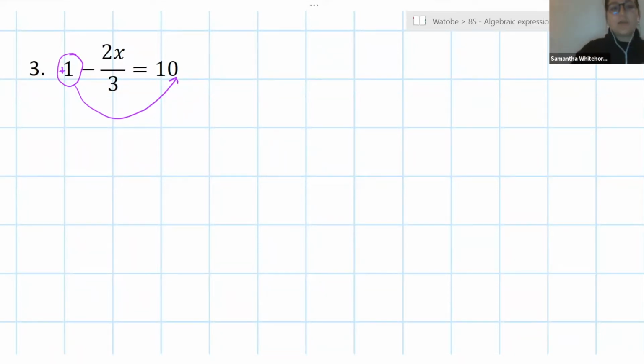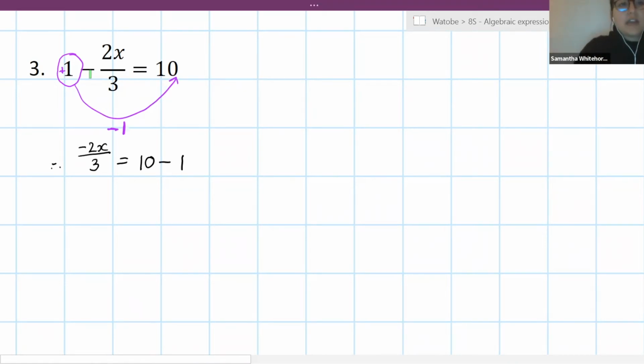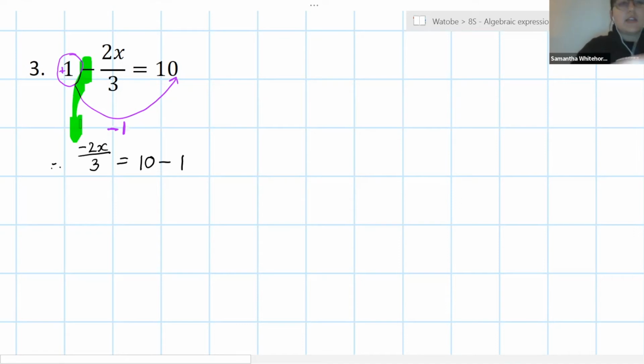So the opposite operation here is going to be to subtract 1 on both sides. And so what I end up with is minus 2x over 3 is equal to 10 minus 1. Okay, a couple things here. That minus sign that was in front of the fraction, all I've done is put it into the numerator.